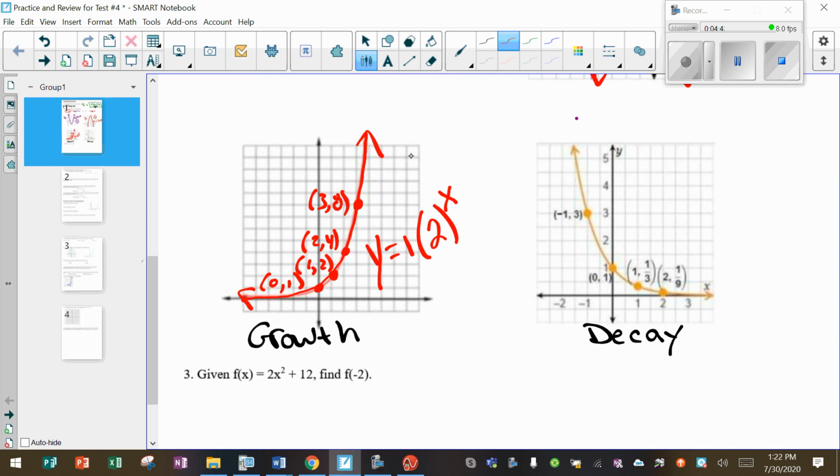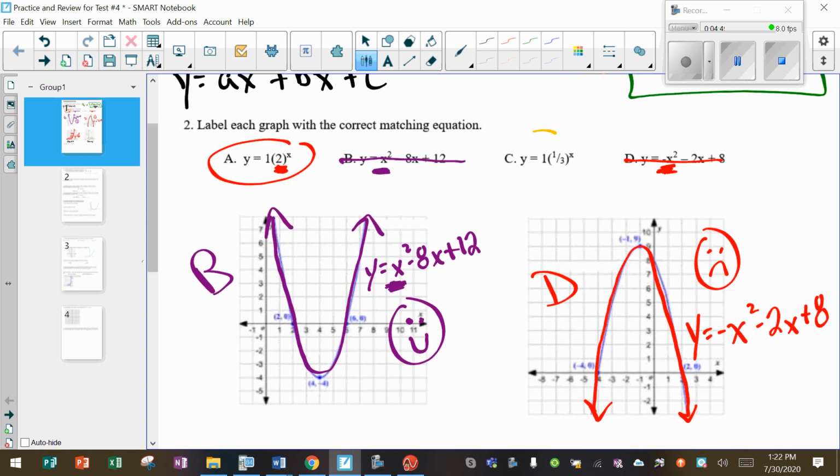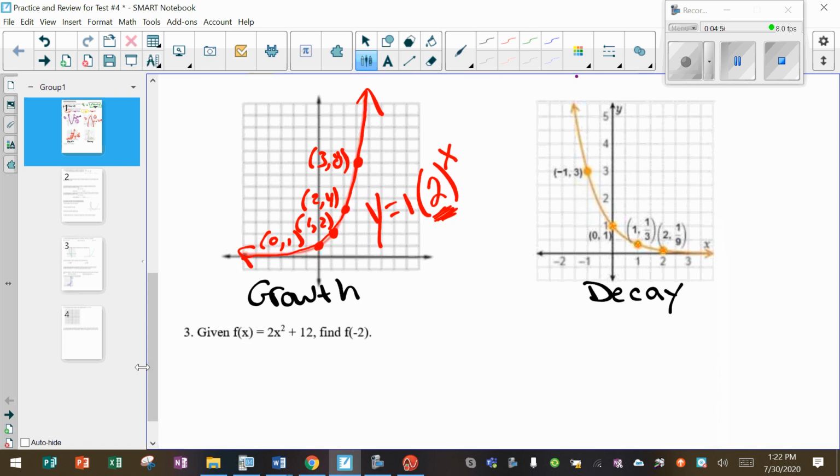So that's increasing because they're being multiplied times 2. That leaves our last one to be a decay because it's decreasing. Basically, you're multiplying by a fraction or dividing. So if you look at the y values, they go from 3 to 1 to 1/3 to 1/9.